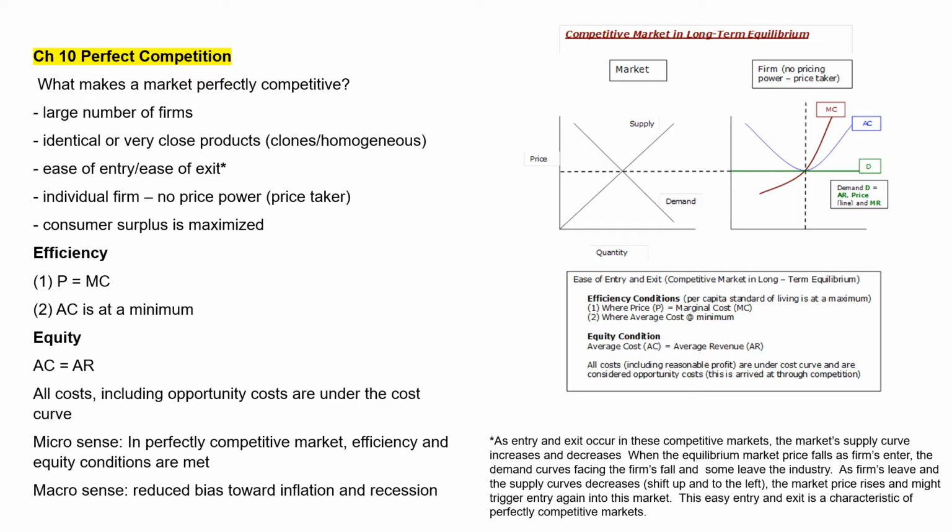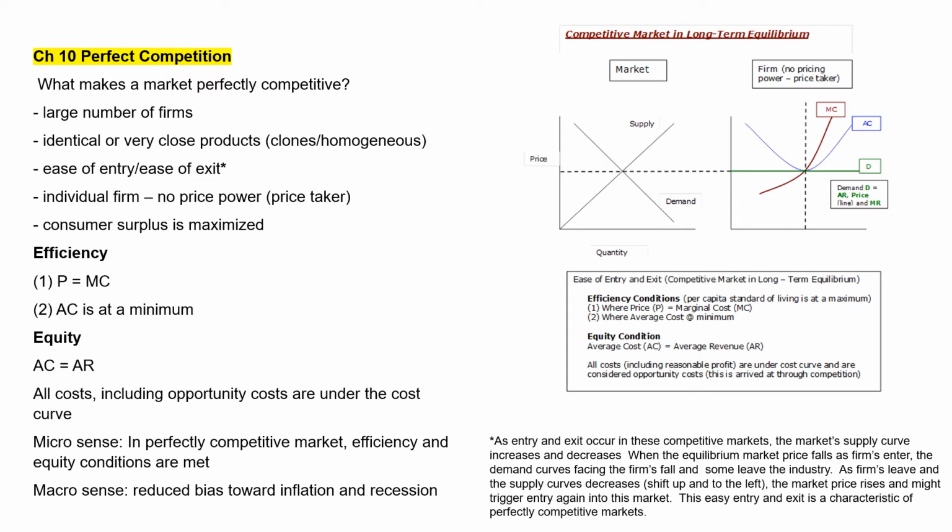Anyway, the individual firms then again have virtually no price power. They are price takers, not price makers. And the consumer surplus is maximized. And remember, the consumer surplus, as we've already talked about, is that triangle bounded by the y-axis, the price axis, the demand curve, the average revenue curve, and the actual price line.